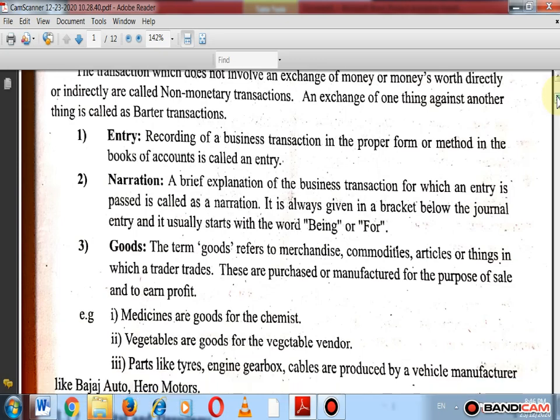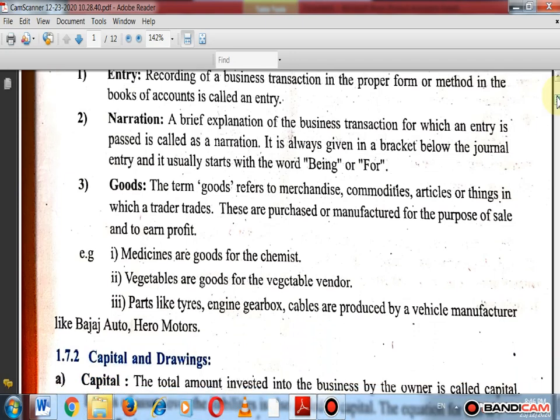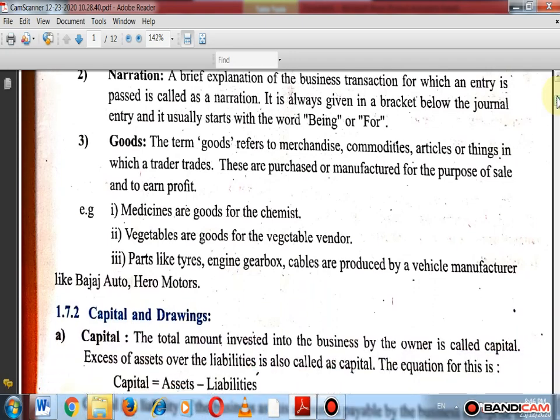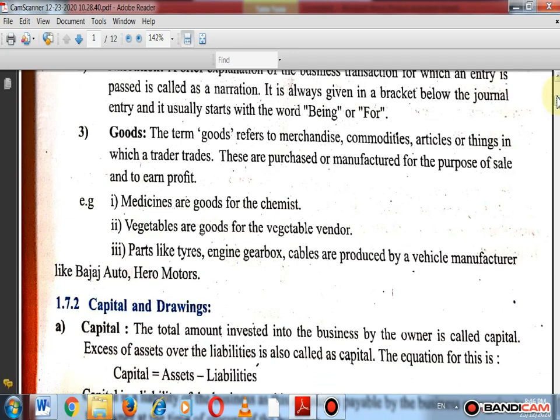The third one is goods. The term goods refers to mercantile commodities, articles, or things in which a trader trades. These are purchased or manufactured for the purpose of sale and to earn profit. Goods are commodities traded in the market to earn a net profit.